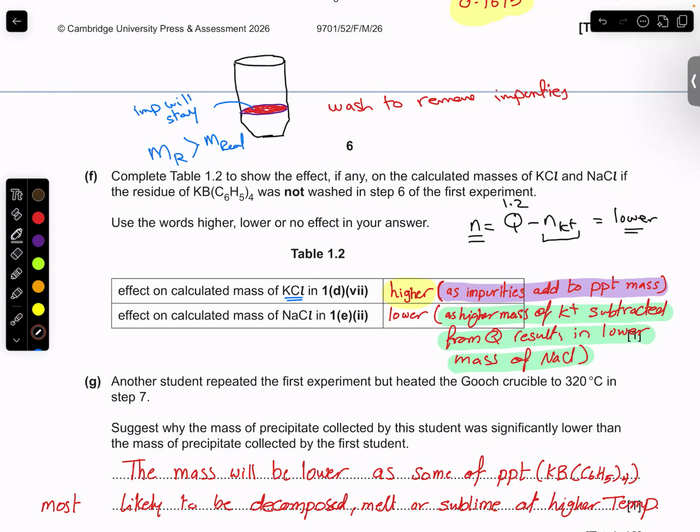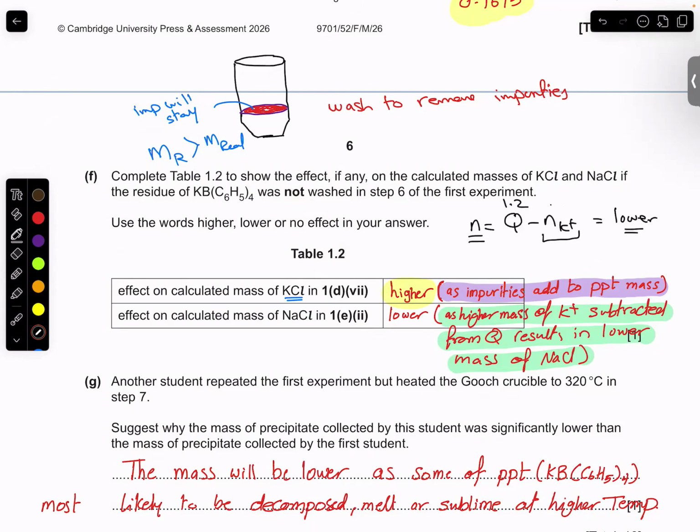So the mass of NaCl will be lower than the actual one. The presence of the impurity will increase the calculated mass of KCl and decrease the calculated mass of NaCl.